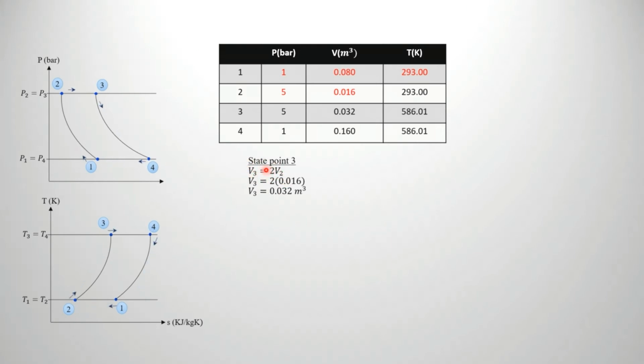You have to read the question carefully to find V3, which is 0.032. Once you know pressure and volume, you can find the temperature. The temperatures at 3 and 4 are the same, so it's 586 here.